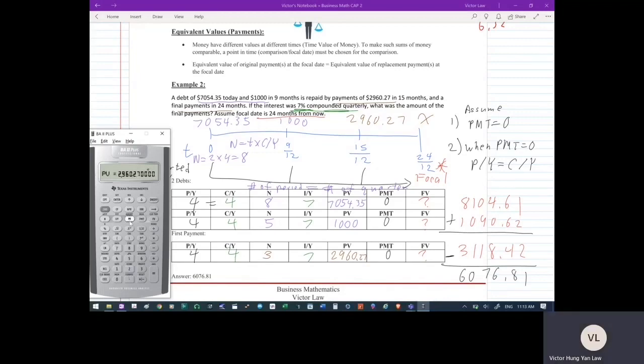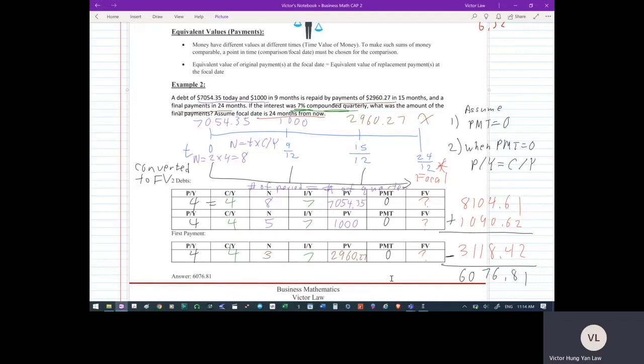And then you press PV, that will set your present value to 29.60, and then you press 0 for PMT. Once you have typed in the 6 items, then you press compute, future value, and then you're going to get 3118.42, and that's what we have here.